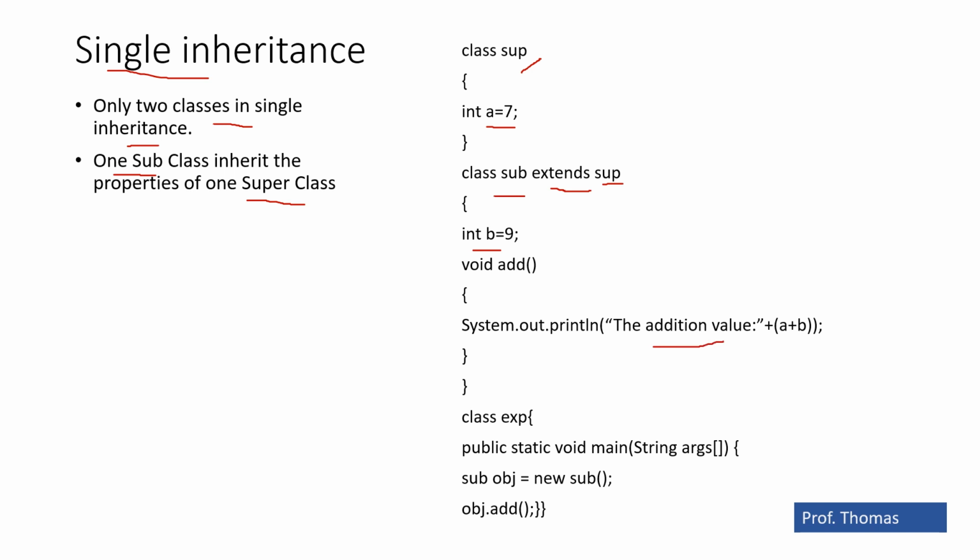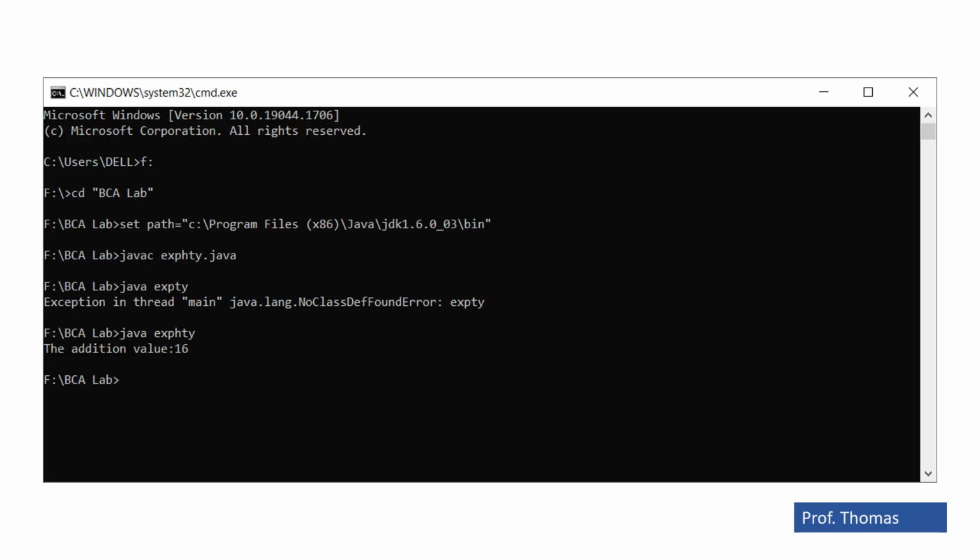In single inheritance, there is one superclass and one subclass. Here we create an object for the subclass that will add both values a plus b. Here we see the output of this program, the addition value 16.